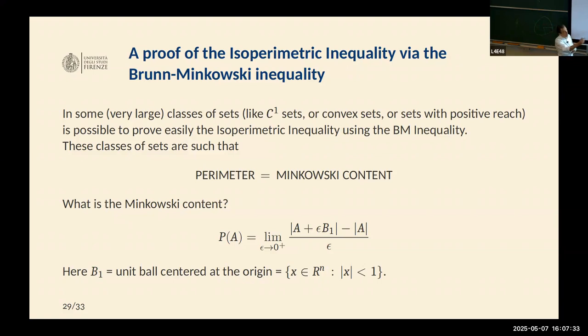The last one, the one with epsilon to n minus 1, is the mean width, which means you take the width, average it with respect to every direction, and then you get one of these coefficients. The others are in between, and when the set is very regular they are integrals of curvatures.